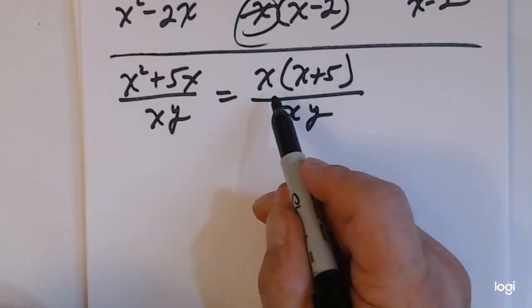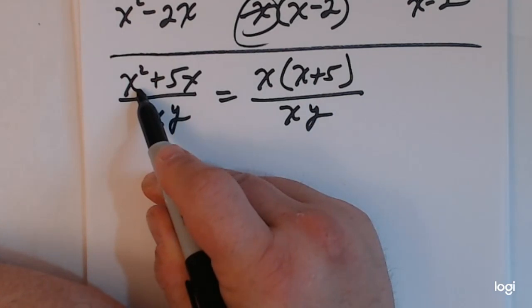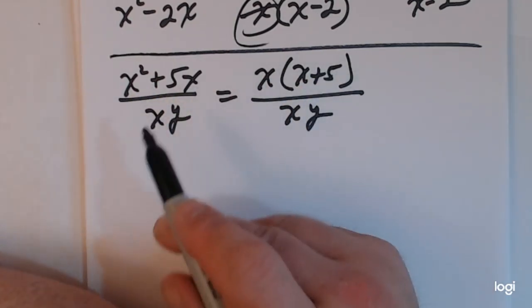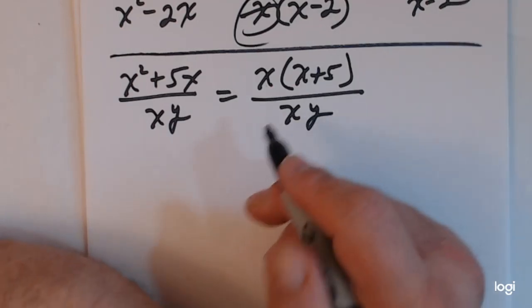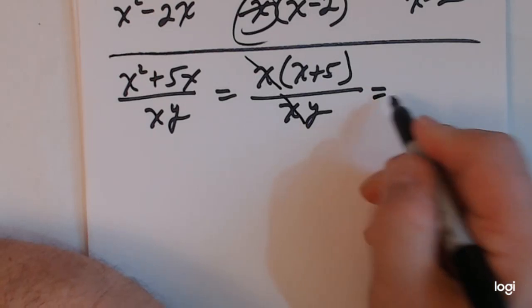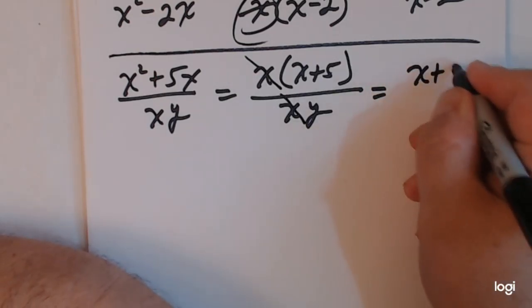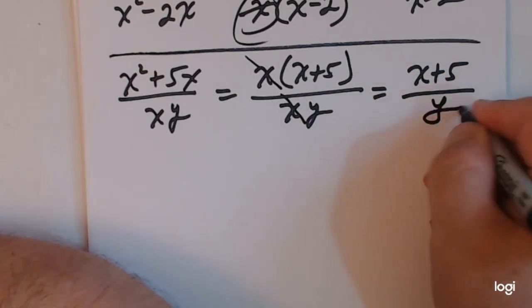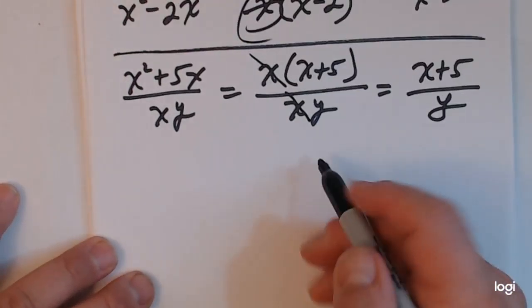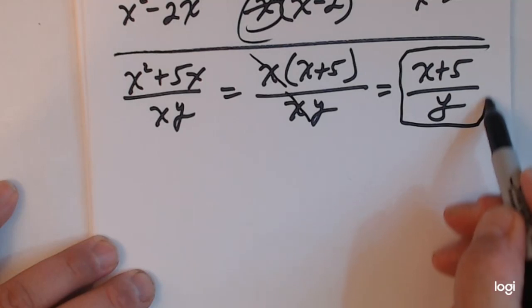If you see that x times x is x squared, x times 5 is 5x, so we're good there. So now we have a cancellation here and here, and we're left with x plus 5 over y. And there's our solution to this one.